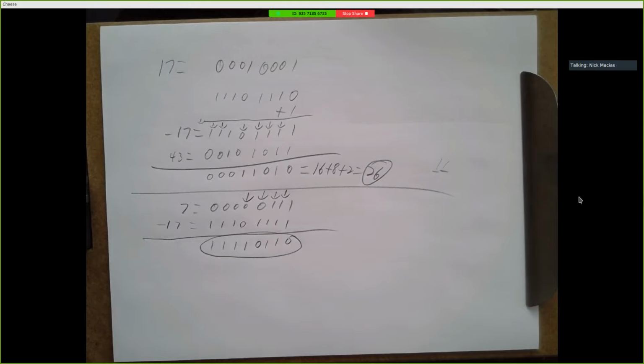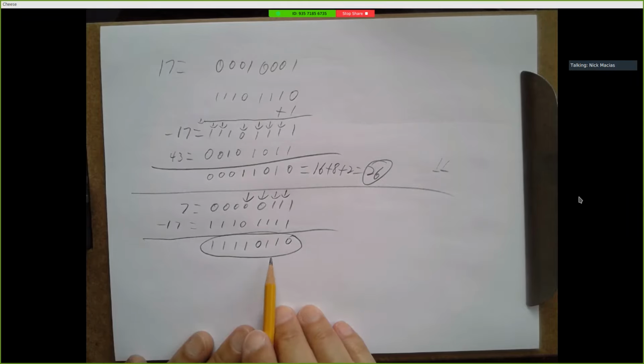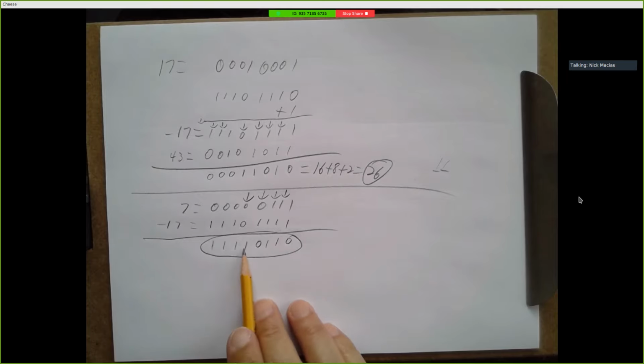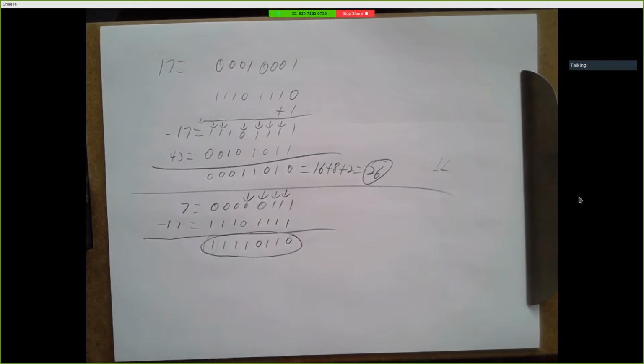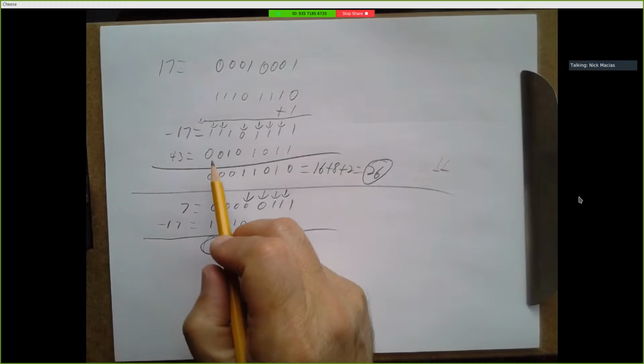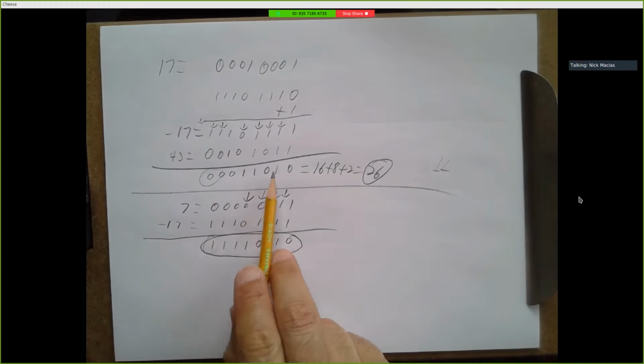Okay, but we can't see what this decimal value is by just adding up powers of 2, because if we did that, it would be 2 plus 4 plus 16, 32, 64, 128. We get some big, huge number, and we know we should get minus 10. Okay, when we're converting a number from binary to decimal, we need to look at this most significant bit. If it's a 0, then we're okay just adding up powers of 2.